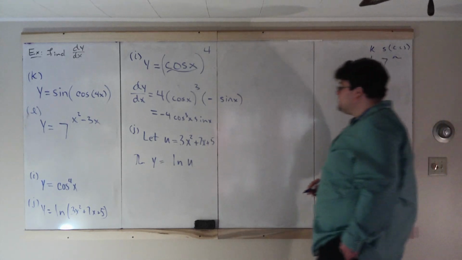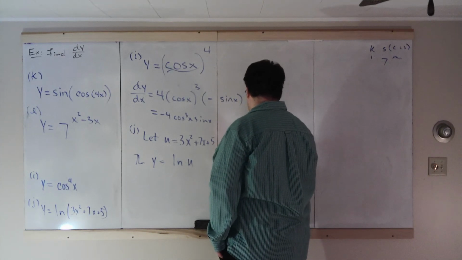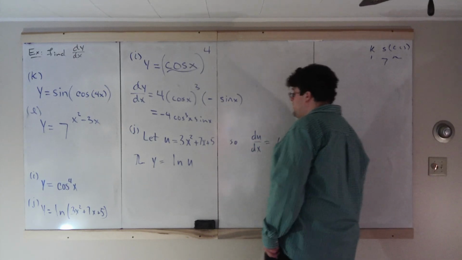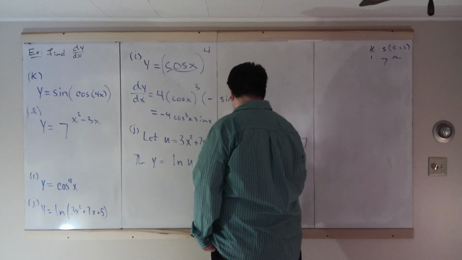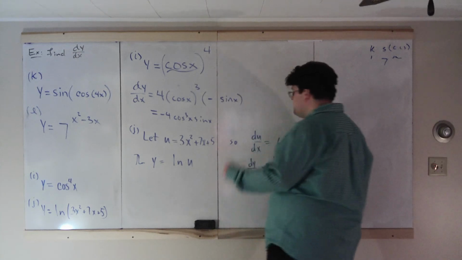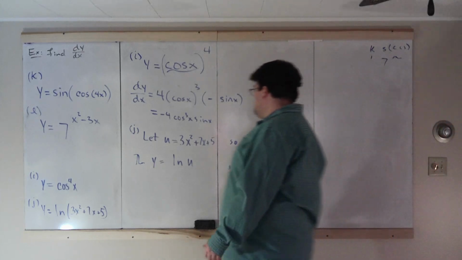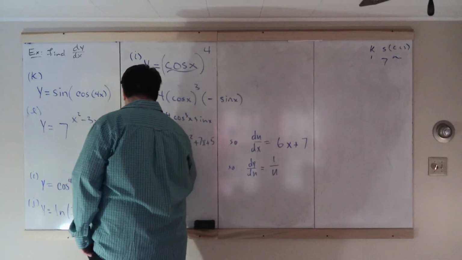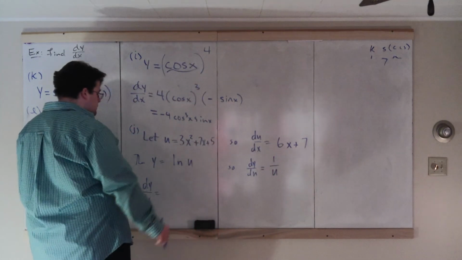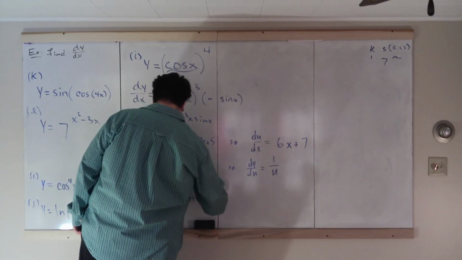Well, what's du dx? And what's dy du? Derivative of u with respect to x would be 6x plus 7. What's dy du? Well, it's log of u. Derivative of log x is 1 over x, so derivative of log u is 1 over u. Now, what's dy dx? dy dx equals this times that. 1 over u times 6x plus 7.